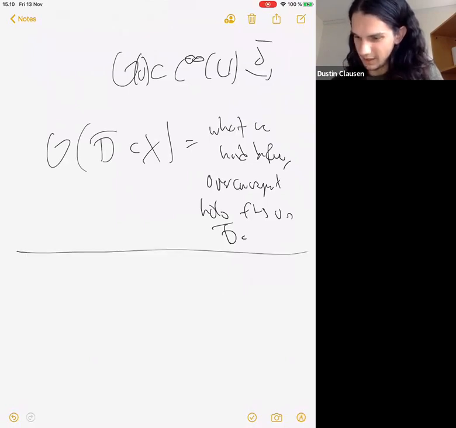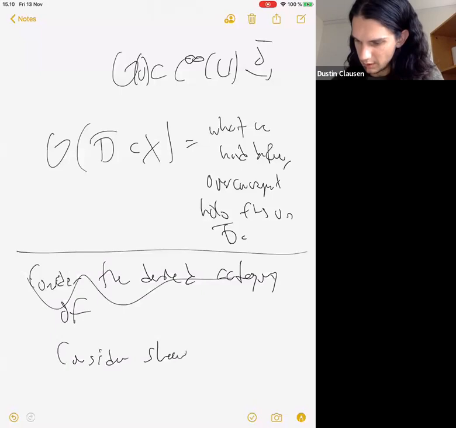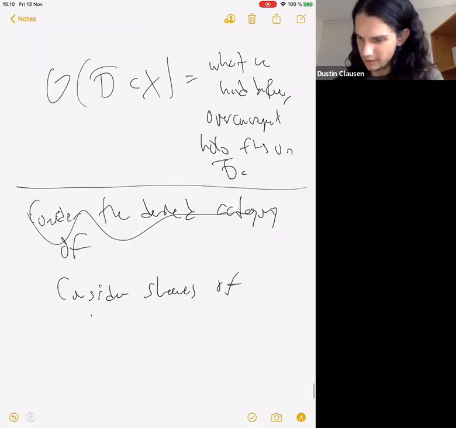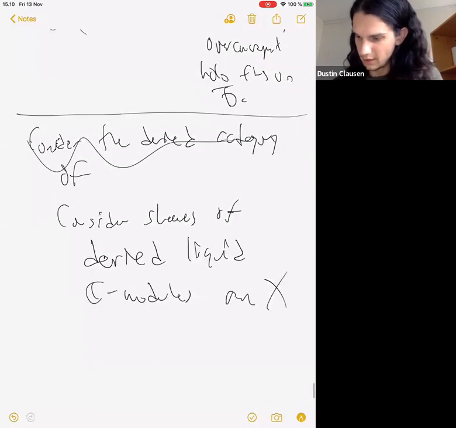now let's consider the derived category of, all right, sorry, consider sheaves of derived liquid C modules on X with an action of this structure sheaf of holomorphic functions.